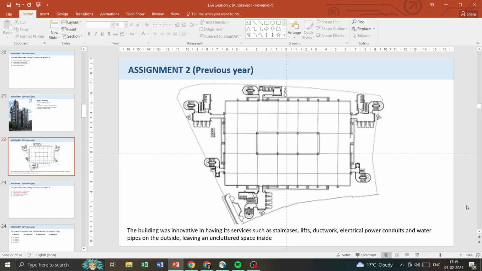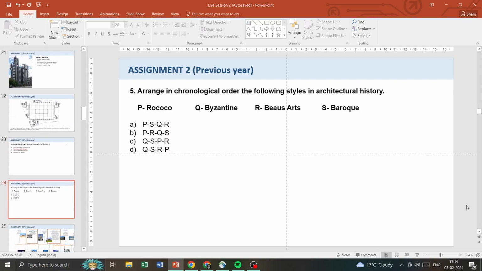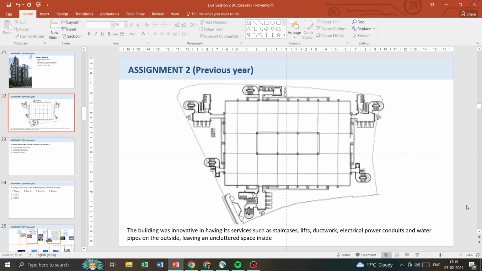It makes it into a dynamic facade, which makes the structure look like an ornament. Also, it is structural, all these services, because it's all shear wall and columns, so it is a structural part.